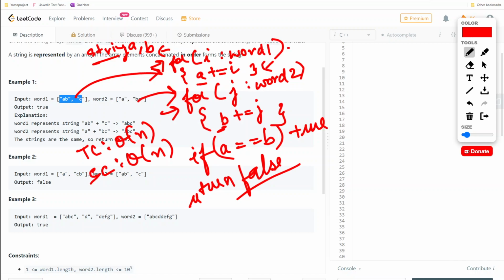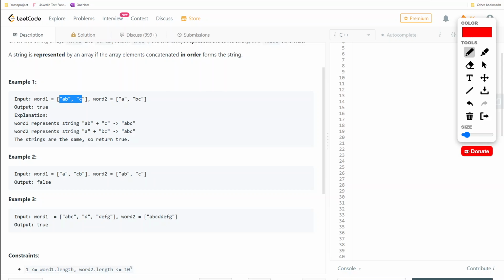Now let us optimize on the space part also, but time complexity would remain the same. For that purpose, what we can do is simply go ahead by checking that, whatever point we are at, if we are at this point and this point, then we will be comparing side by side.